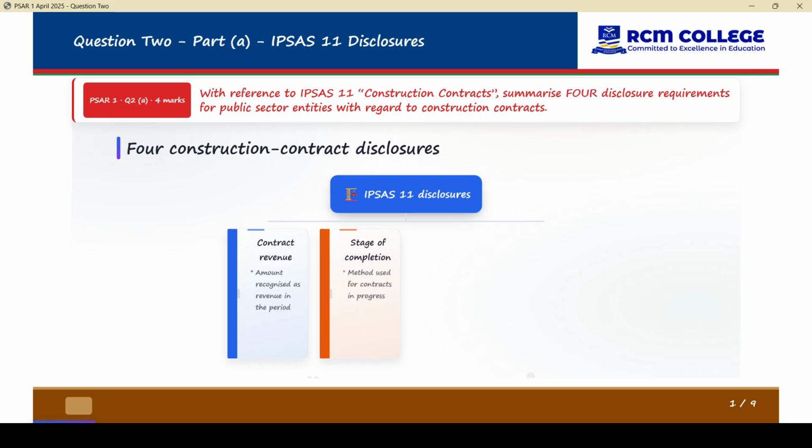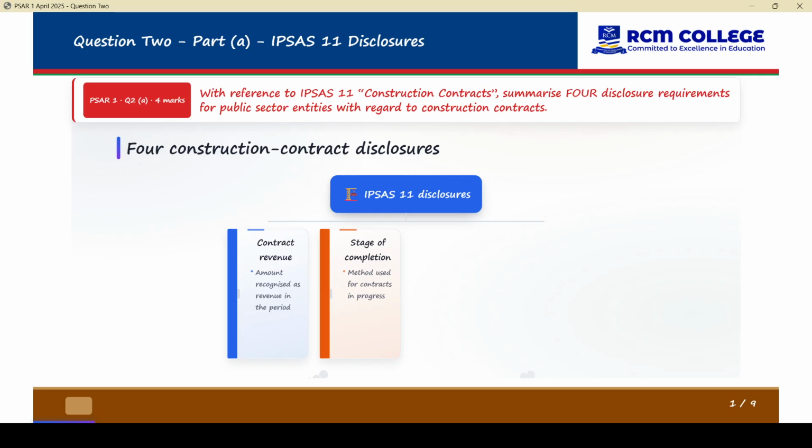Stage of completion. That is the second disclosure. So, the method used for contracts in progress. What cost method was used? You can say the cost to cost method was used.